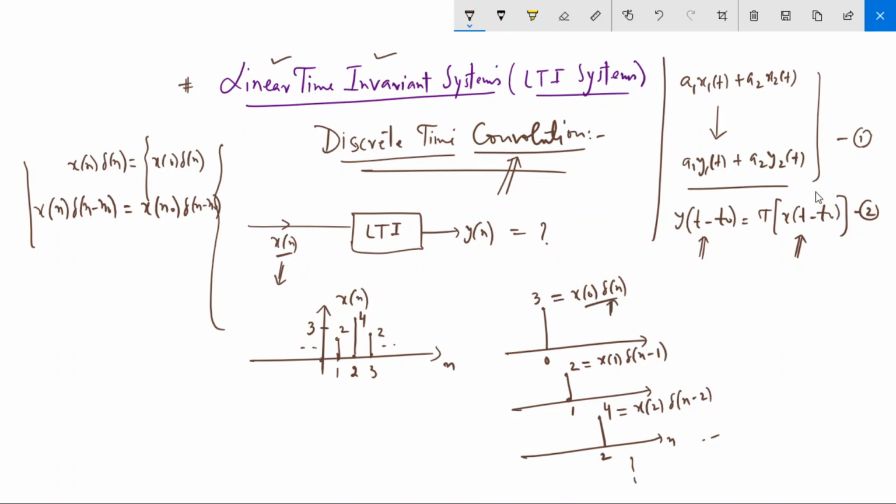So you multiply with x0, you will get 3 only. Rest all samples will be zeros. It will just sample one value, and that is at n is equal to 0.